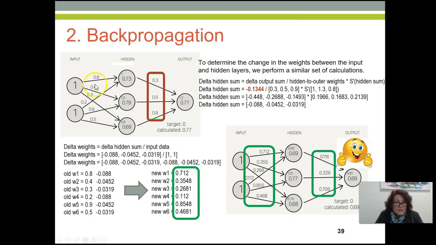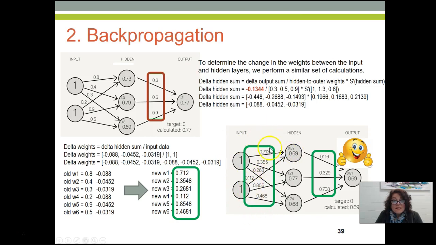Our old weight 2 of 0.4 is adjusted by minus 0.0452 and becomes 0.3548. Our old weight 3 of 0.3 is adjusted by minus 0.0319, so that our new weight 3 becomes 0.2681, and so on and so on.